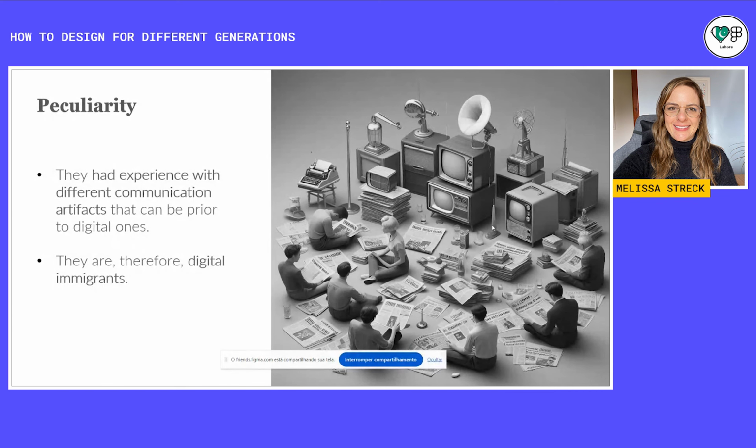It shows a little of how they lived and what artifacts they had previously: the radio, the gramophone, the typewriter, and newspapers everywhere. This is an image that shows the transition, and why they are called digital immigrants, right?